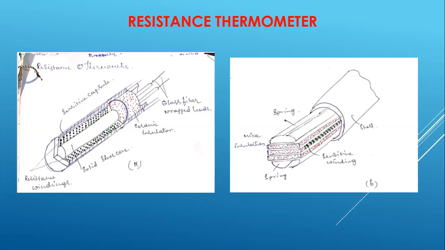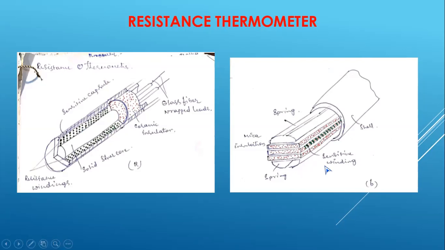All of you observe here. This is a solid silver core resistance thermometer, and the copper winding is covered by a mica insulation sheet. This is another type of resistance thermometer.